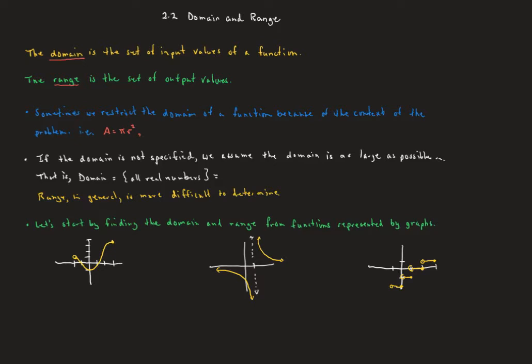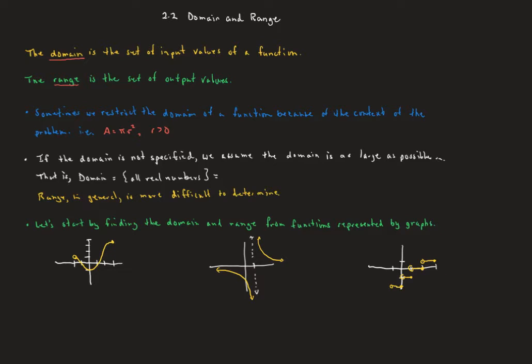So it might be that in the context of this problem, we choose to restrict the domain to just r greater than 0. Once that has been restricted, then that will impact the range, but usually we just let the range work itself out. So here we've restricted the domain there.